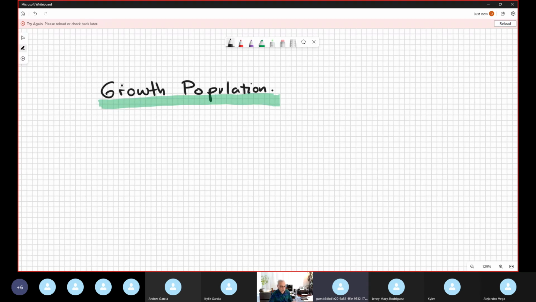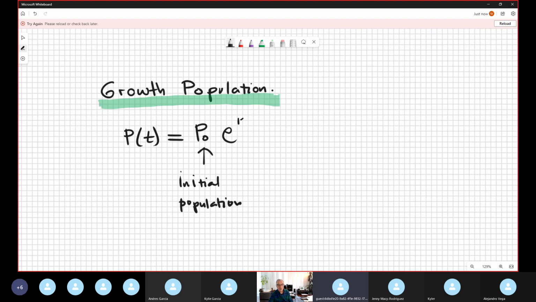And what is the formula? The formula is: population at any time equals P null, which represents the initial population, times e to the KT. This is very similar to the continuous formula we used in finance. This axis is time. Depending on the problem, time may be in seconds, minutes, years, or months, and this axis is the population.